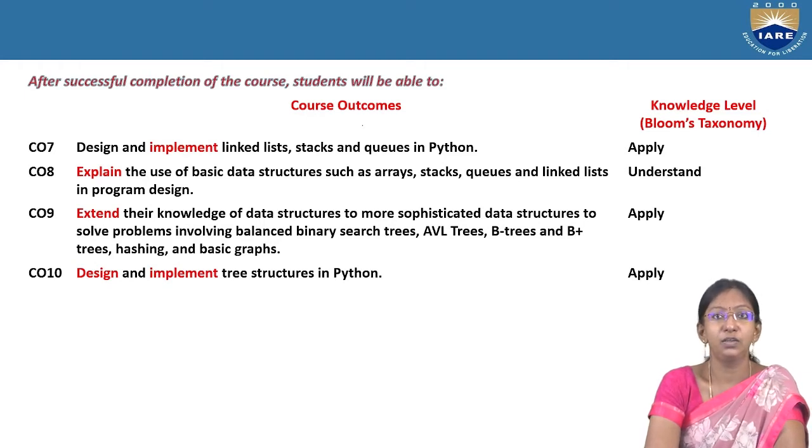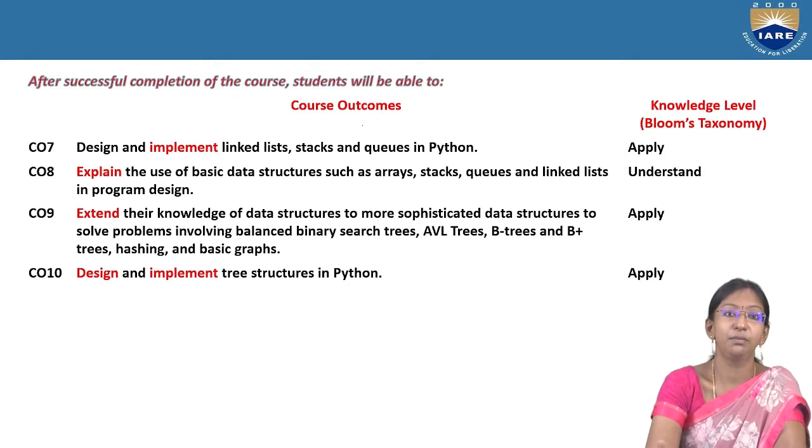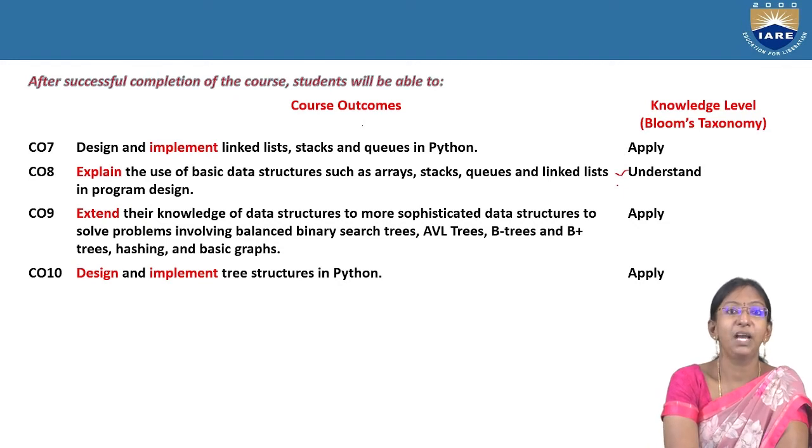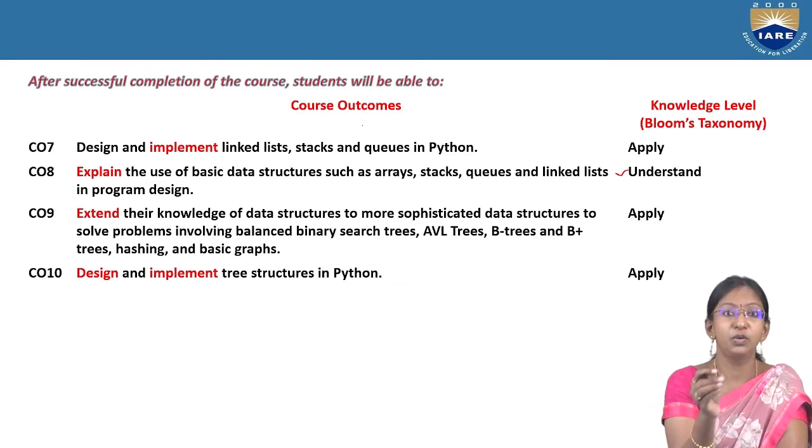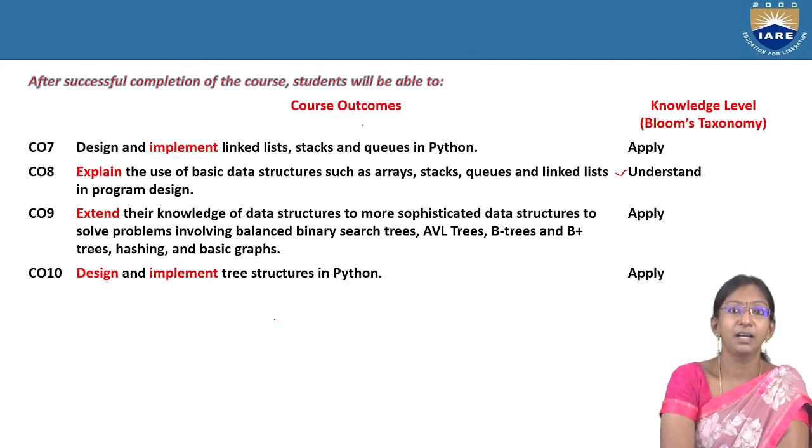Explain the use of basic data structures, arrays, stacks, and linked queues in design problems. We were discussing the abstracts, right? With CO3, you understand the concepts of stacks and queues, and you have implemented them using arrays and linked list till CO7. Very good. Now, designing them. For example, take a stack.